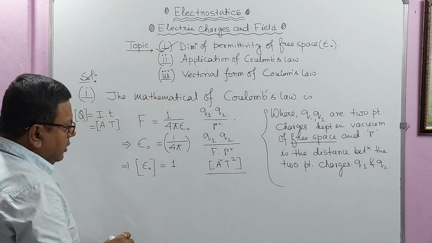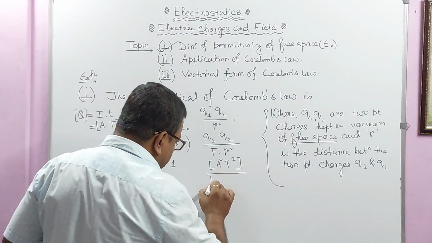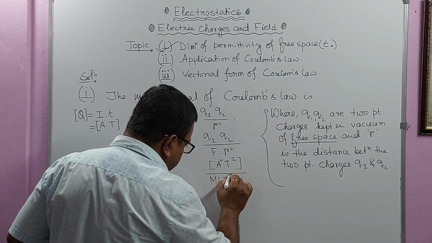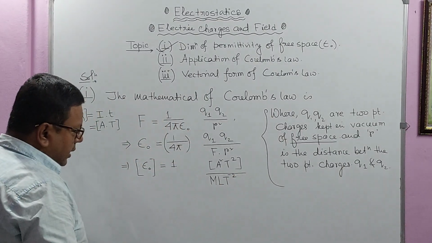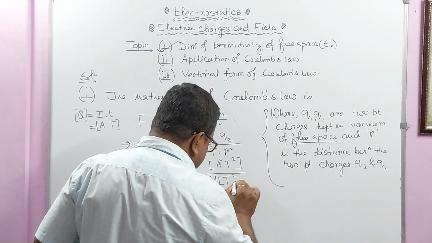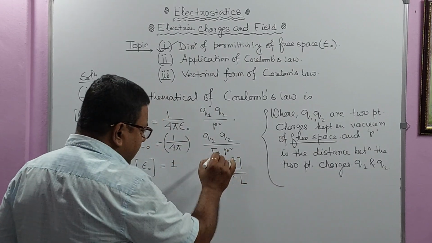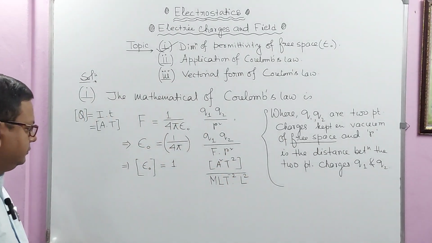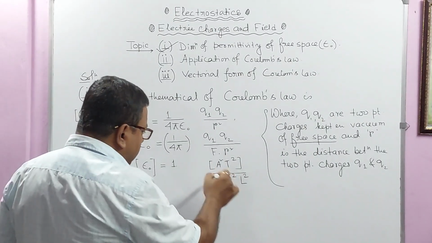And the dimension of force is well known to us. It's M L T to the power minus 2, and the dimension of distance is L. Here it's L square because it's R square. Okay. Now little modification.